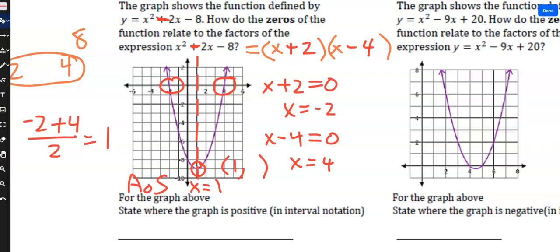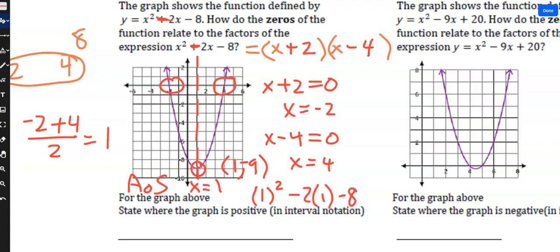And then, on top of that, you could find the y value of the coordinate by plugging it in, just like we did in class the other day. So, 1 minus 2 minus 8, that ends up being negative 9, which matches the picture.